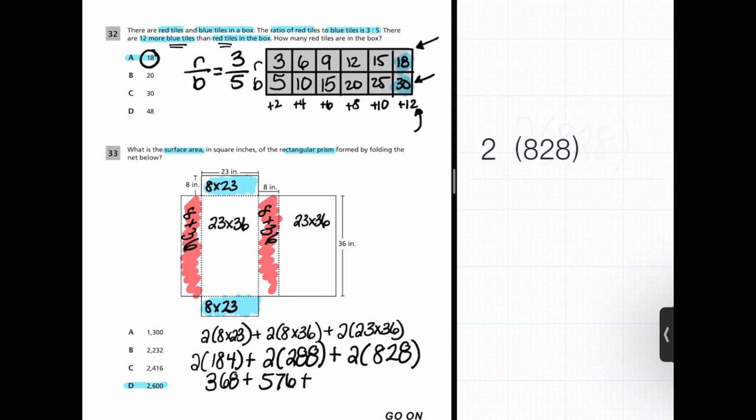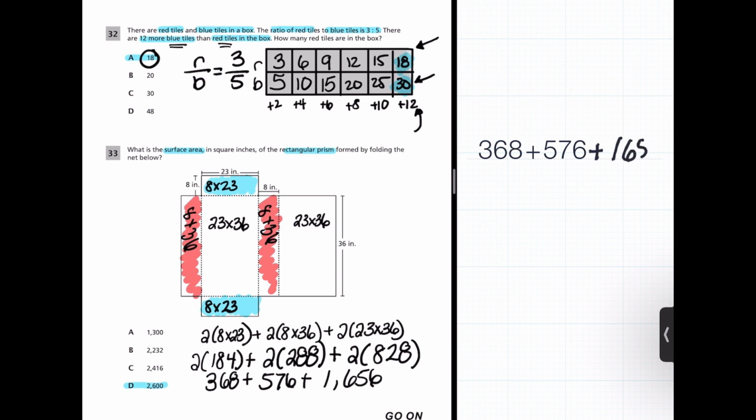And 2 times 828. Okay, I'm going to put in all 3 numbers. 368 plus 576. Let's put those first 2.